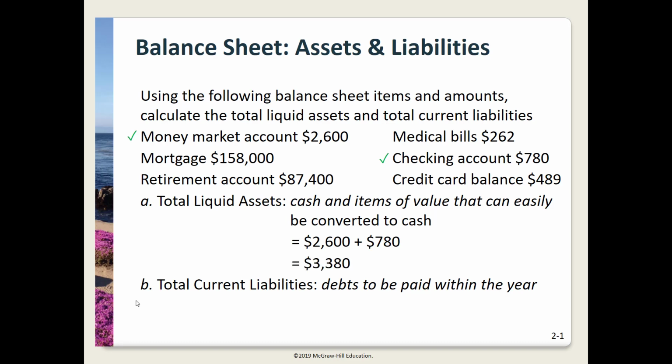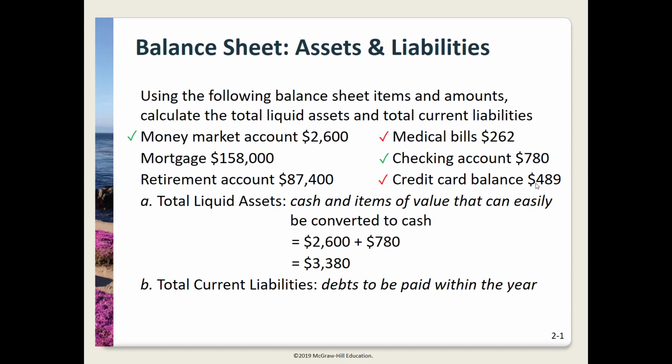Looking at part B, we're going to be finding the total current liabilities. In other words, it's the debts to be paid typically within the year. So current means the short-term liabilities that you have to pay off soon. And so looking at our balance sheet items again, the two that would be considered current liabilities are the medical bills and your credit card balance. Again, if you think about it, your medical bills, the hospital, your doctor likely wants to get paid soon or within the year.